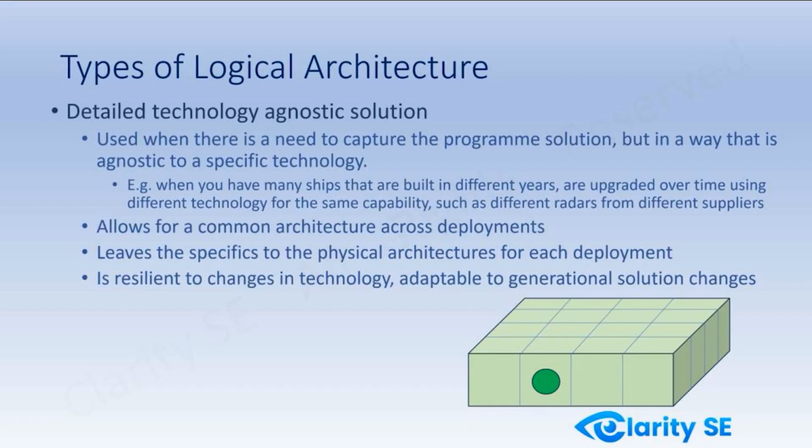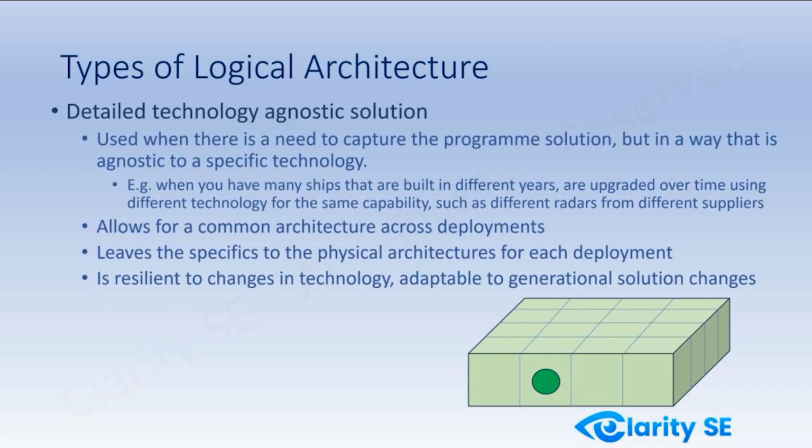What this means is that you can have the one architecture, and you can have slight variations between different deployments, and they don't matter because you've built a logical architecture that helps you understand the fundamentals of how things are supposed to work.